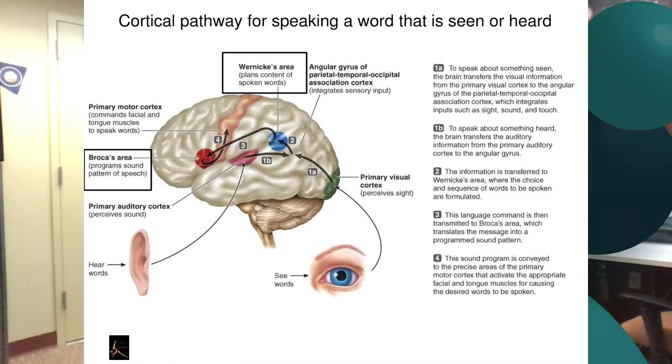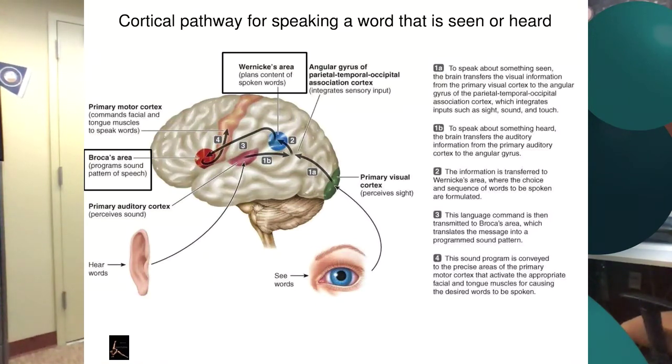That's Wernicke's area. Once we determine how we're going to respond, we send it to Broca's area, which comes up with the sequence pattern of neurons that need to fire to make the words come out of our mouth.